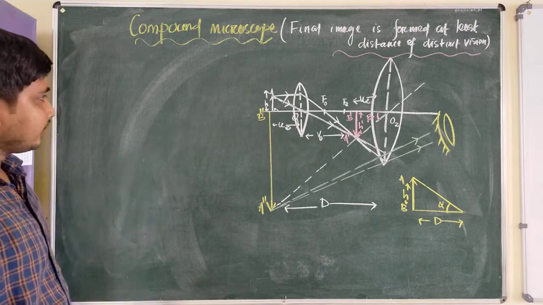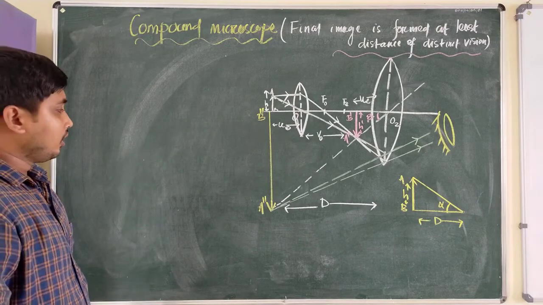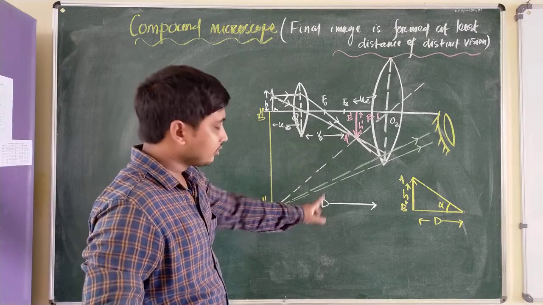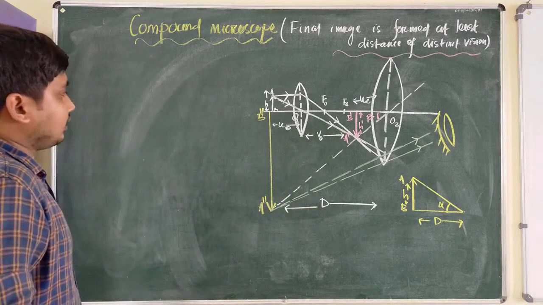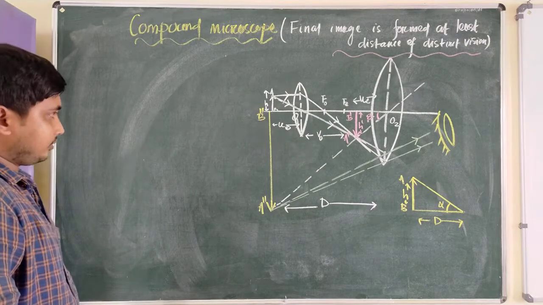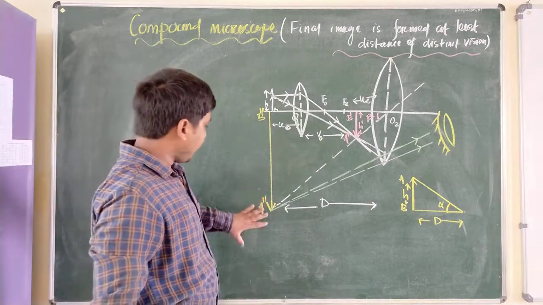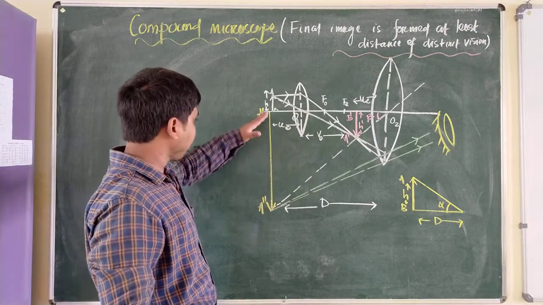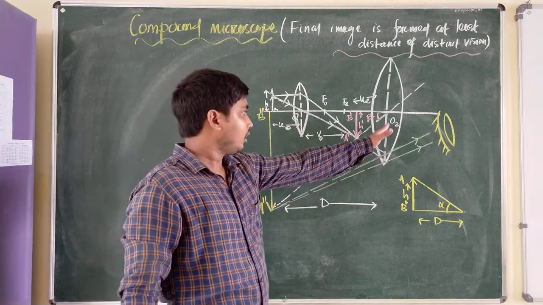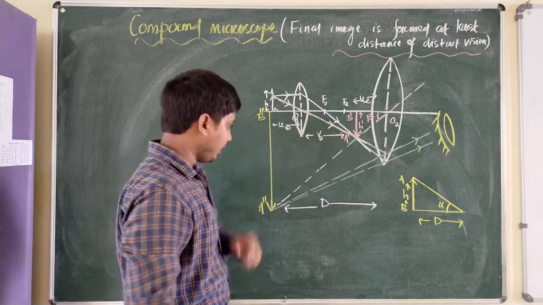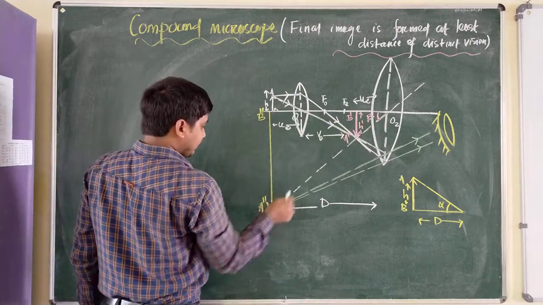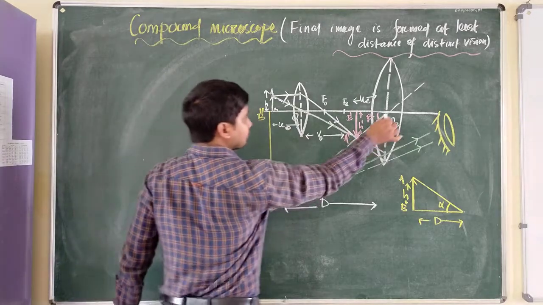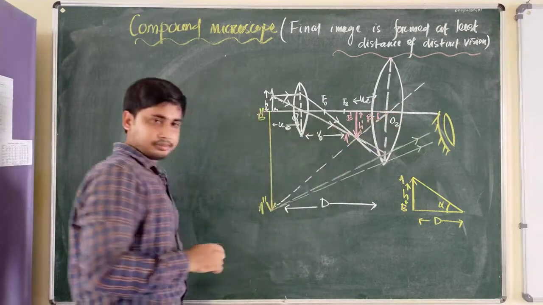The magnification, where the final image is formed at the least distance of distinct vision, is defined as the ratio of the angle subtended by the final image, A double prime B double prime, with the eyepiece. You can see that this angle is our beta angle.